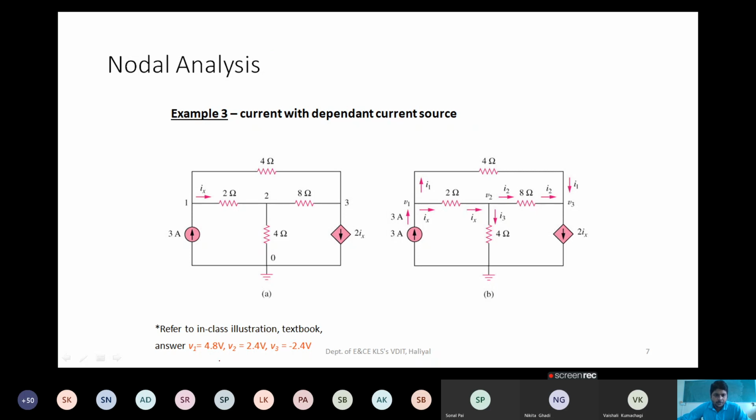If you calculate, you should get these values. I have just posted the answers here, but how to solve this? What should be the approach? Can anyone guess how to proceed?